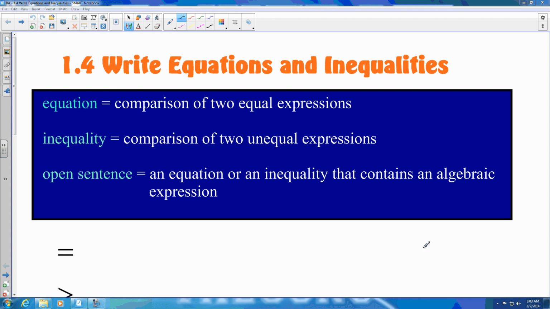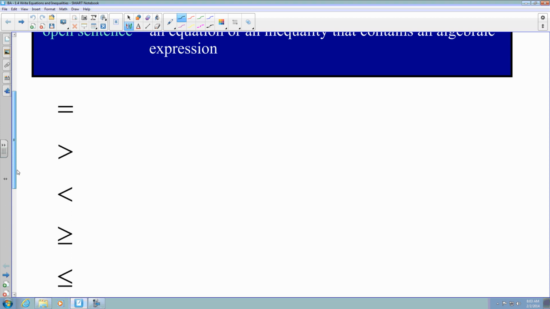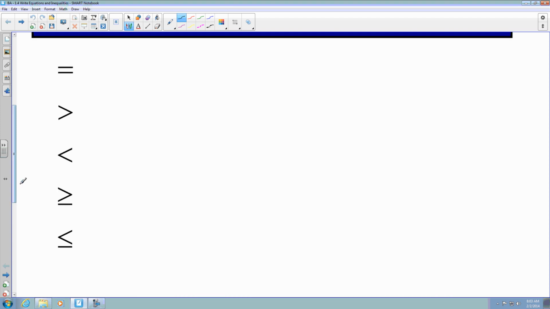An inequality is a comparison of two unequal expressions. We'll talk about that in a little bit. And an open sentence is an equation or inequality that contains an algebraic expression. Usually we have to use the verbal model to help us decode those open sentences. So if you look down here, we have various symbols.